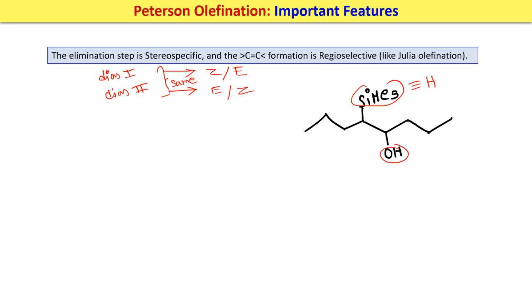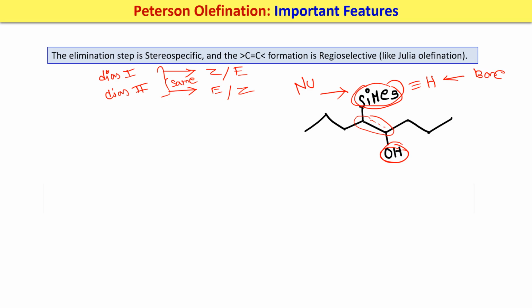Similarly, SiMe3 group or any SiR3 group can be easily removed by some hard nucleophile. So H is replaced by some base, and this is equivalent to H, but now instead of base you will use some hard nucleophile. But whatever it is, ultimately these two groups will be removed. So you will always get CC double bond at this position where originally SiMe3 and OH were present. So that is why it is regioselective, just like Julia olefination, where a sulfur compound is present.